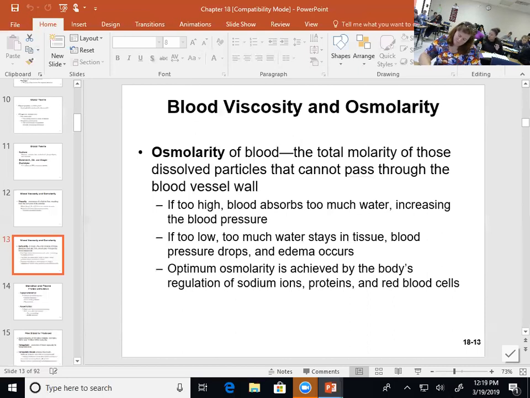But you go T3 and T4. What do they stand for? Thyroxine and triiodothyronine. Triiodothyronine and thyroxine.